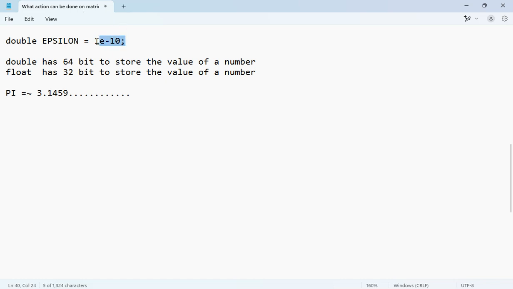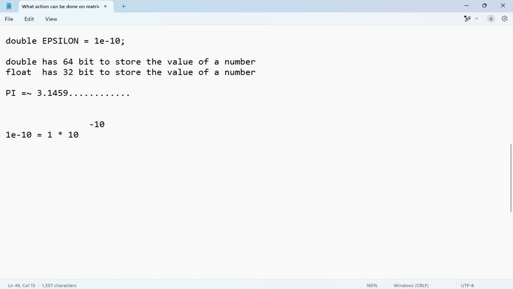If you have something like that, it is actually the same as 1 times base to the power of minus 10. The E means the base of the numbering system, and as we are using the decimal system, the base is 10.